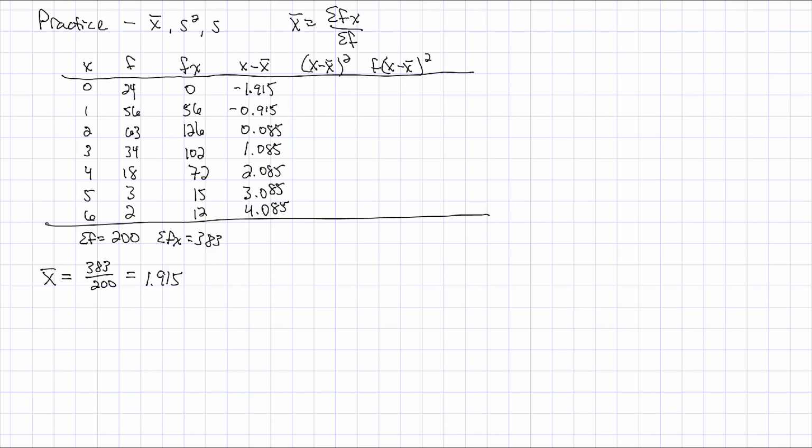So x minus x bar squared is 3.667, and then I immediately multiply by the frequency to get 88.01.